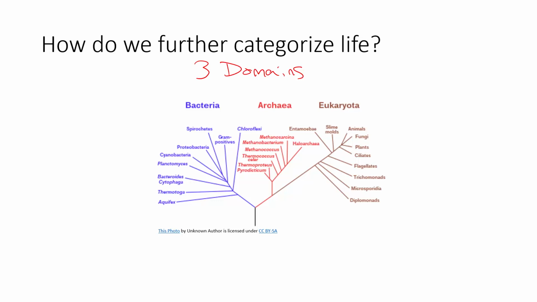If you look at this picture, you can see where life began at the bottom here. Bacteria branch off to the left, and then you have Archaea branch off first on their path to eukaryotes. We talked about how bacteria and Archaea are prokaryotes. And eukaryota are eukaryotes.